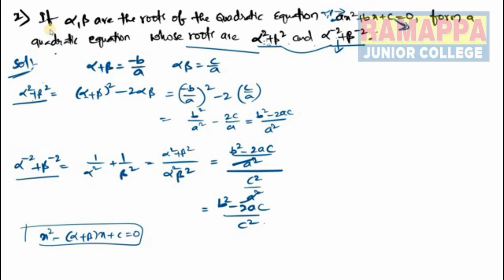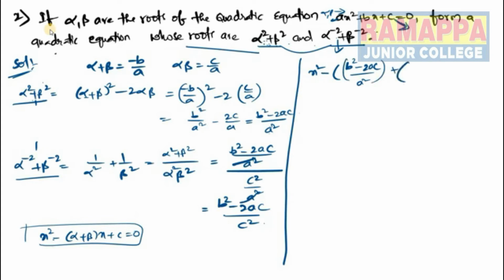So here I am writing x square minus (alpha plus beta), where this is alpha and this is beta. The value of those is b square minus 2ac divided by a square, and plus, yes, plus only, b square minus 2ac divided by c square.